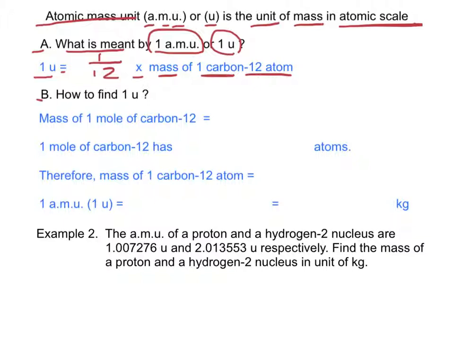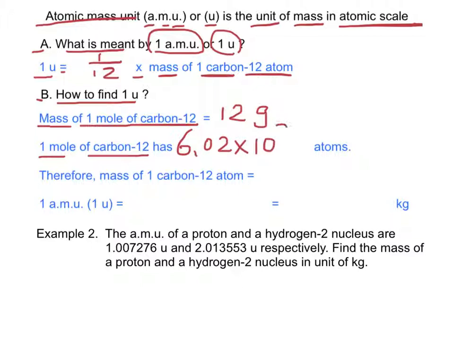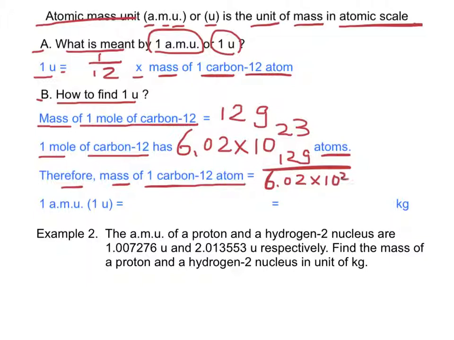B. How to find 1 U? First, we see the mass of 1 mole of carbon-12 atoms is 12 grams, and 1 mole of carbon-12 has 6.02 times 10 to the power 23 atoms. Therefore, the mass of 1 carbon-12 atom will be equal to 12 grams over 6.02 times 10 to the power 23.